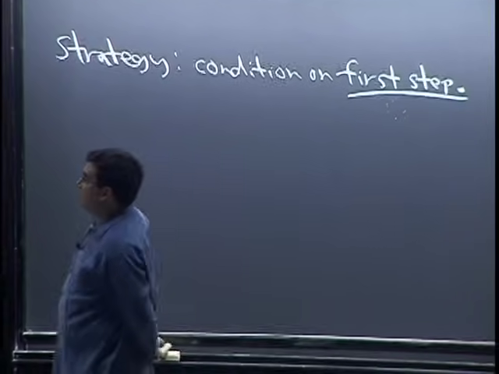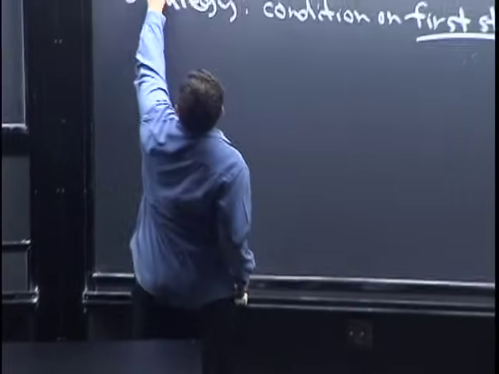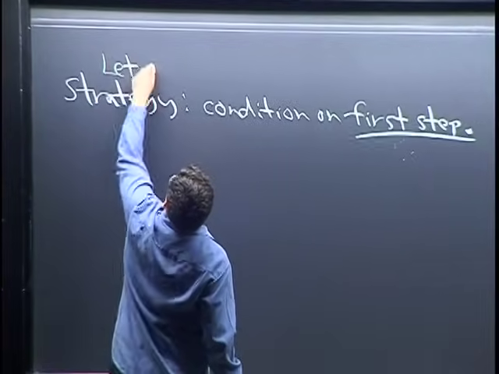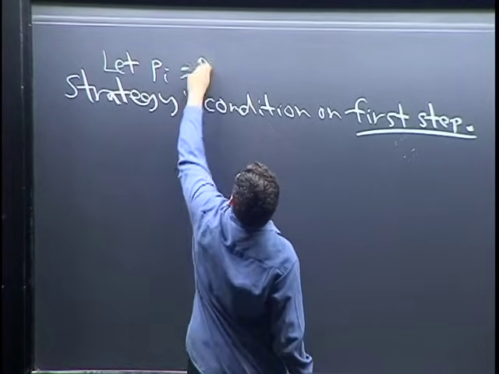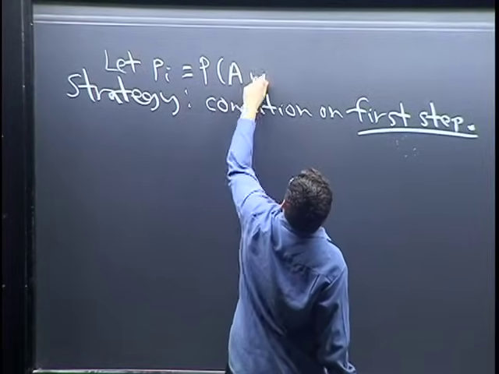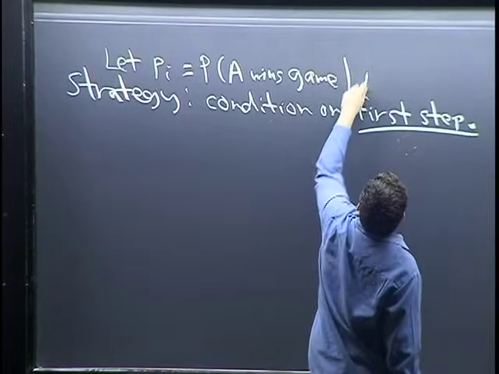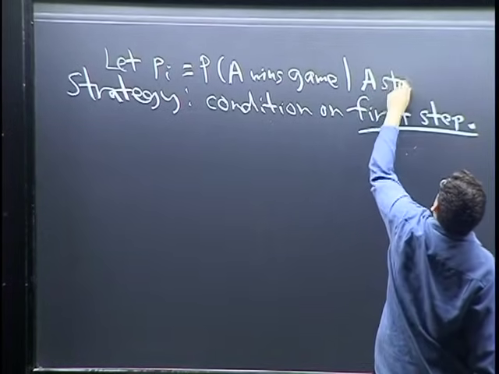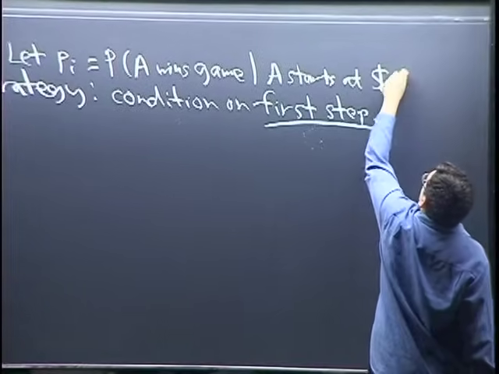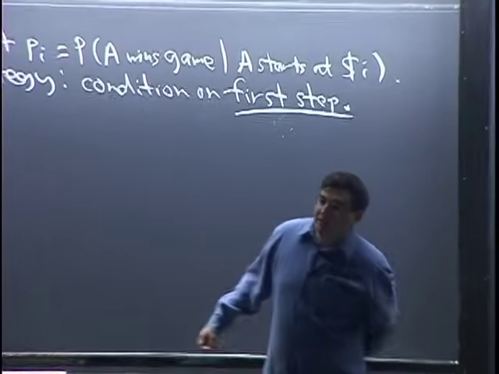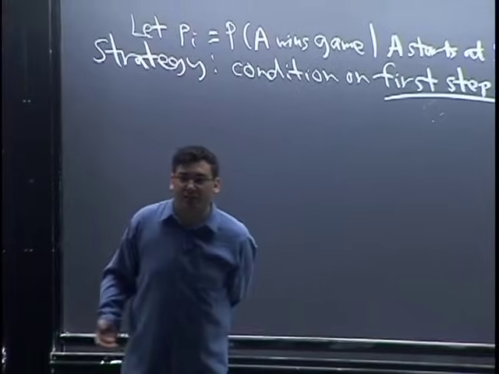And then let's write down what's the equation. So we need some notation. Let P sub I equal the probability that A wins the entire game, not just a round, given that A starts with I dollars. One interesting thing about this problem is that it's actually easier to solve the more general problem than the less general problem.